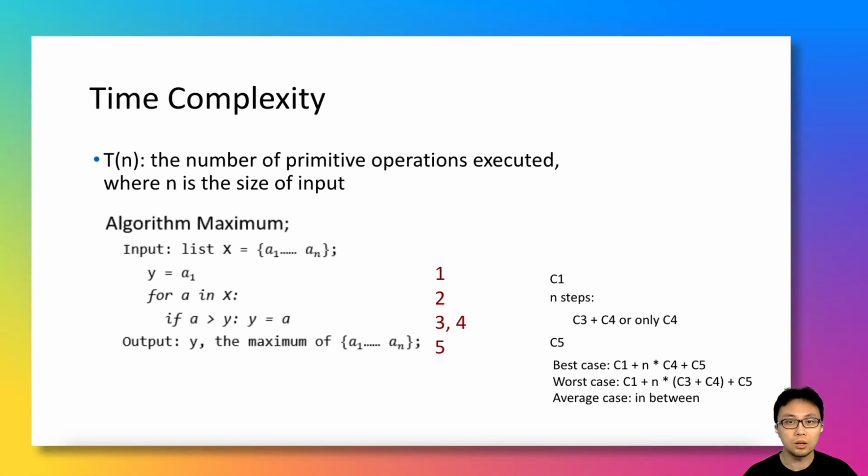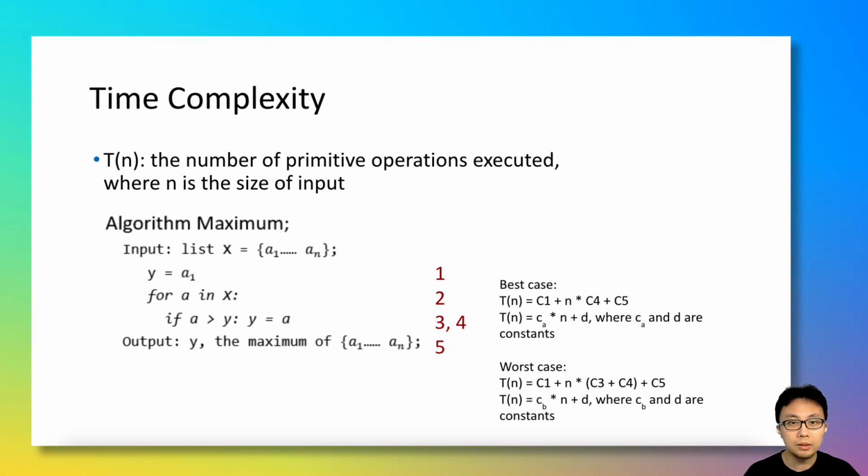You may think that, well, here all these C1, C4, C5, they are just some constant numbers. Maybe we can somehow simplify them. For example, in the best case, you have C1 plus C5. Could we replace that with just a single symbol instead of two? Yes, you can.